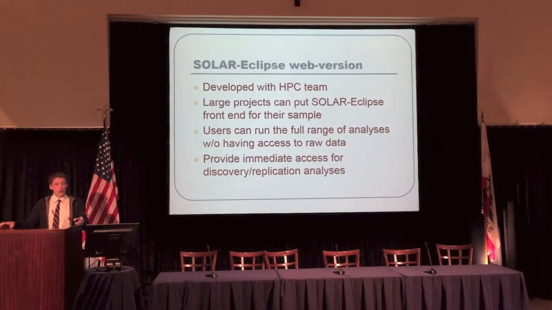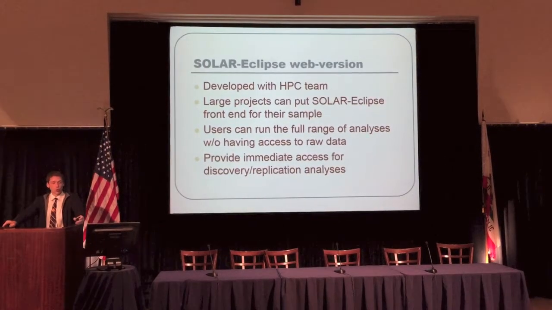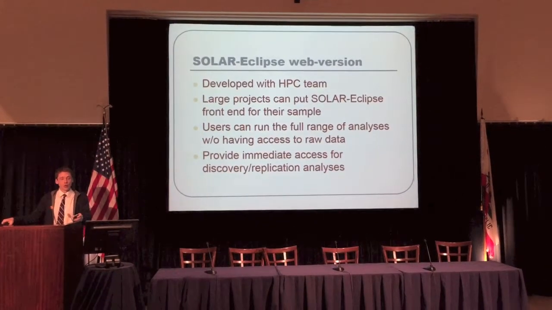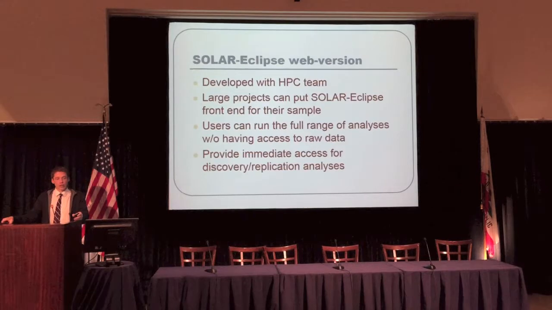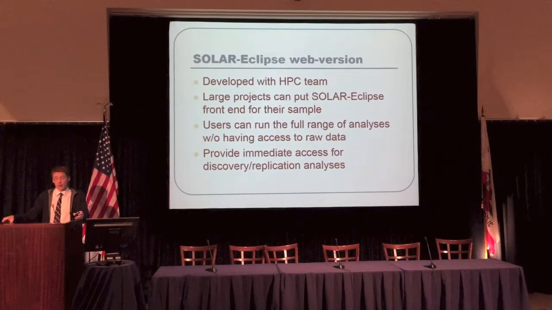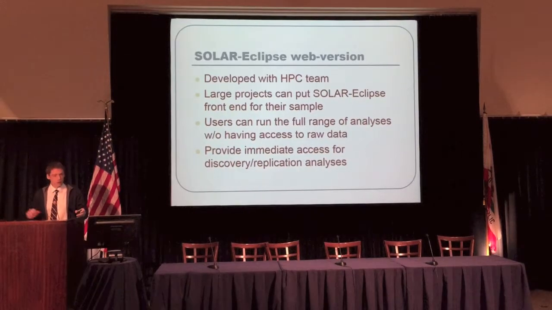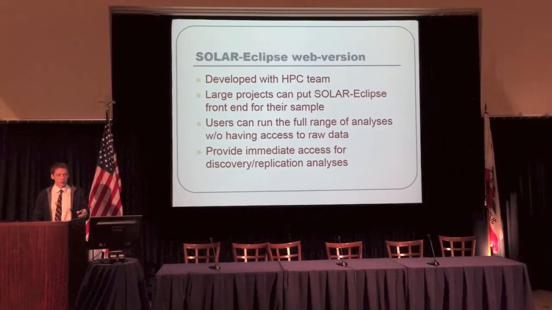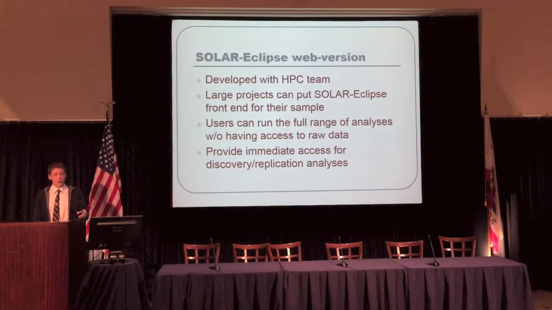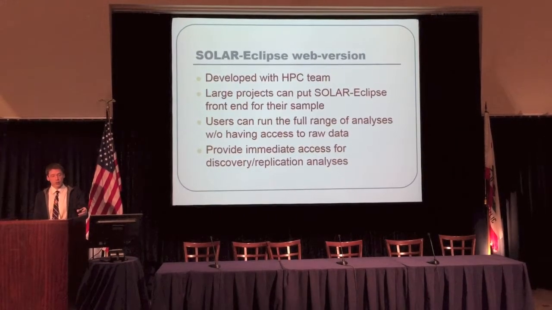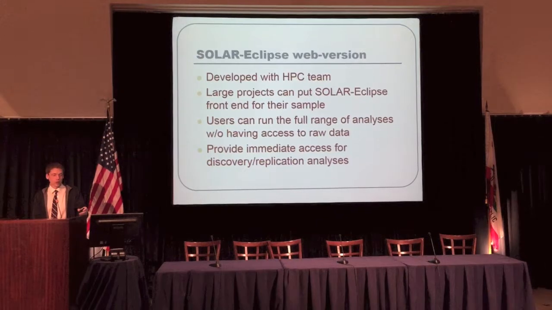And if some of you have your own large projects where you want to showcase your results and allow your users to perform genetic analysis directly from your website, just contact me and I'll try to accommodate you with the Solar Eclipse version. Large projects can put a Solar Eclipse front end on their website that provides for sample analysis.